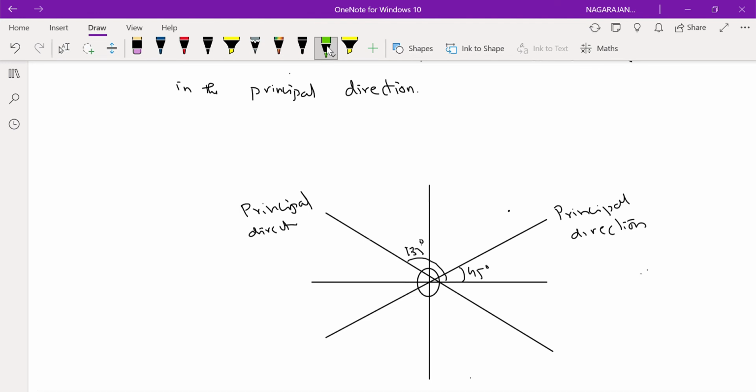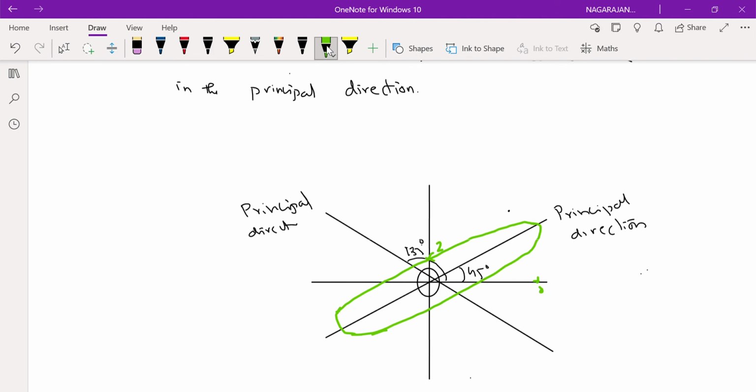Here is how it stretches in this plane: semi-major axis 8 and minor axis 2.